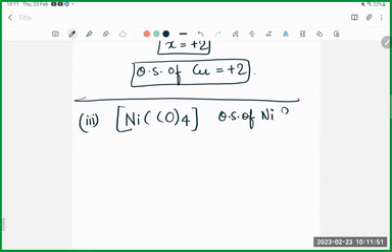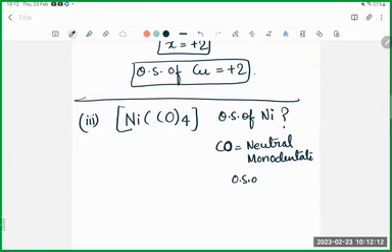Find out and then you tell. What is the nature of carbonyl? It's a neutral monodentate ligand. So since it is neutral, the oxidation state of CO, carbonyl, will be 0.